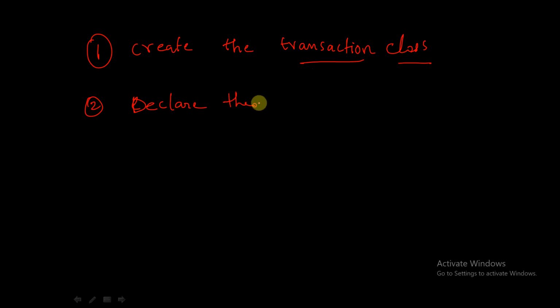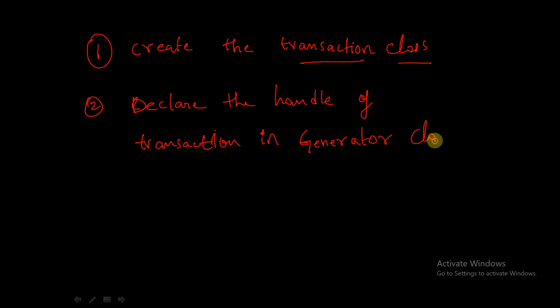Then we are going to declare the handle of the transaction class in the generator class, and we are going to create the object for this transaction class.